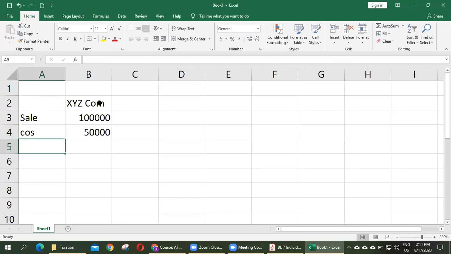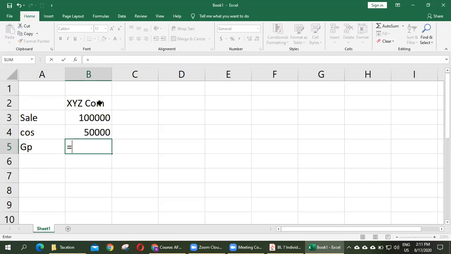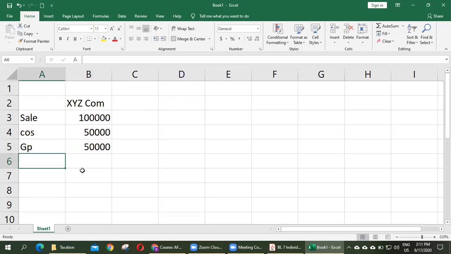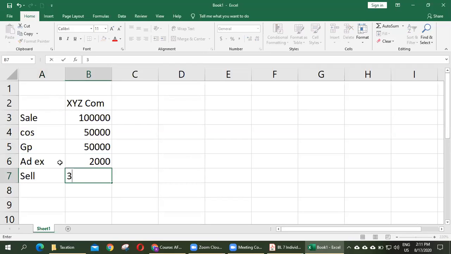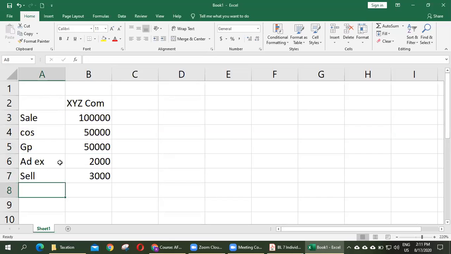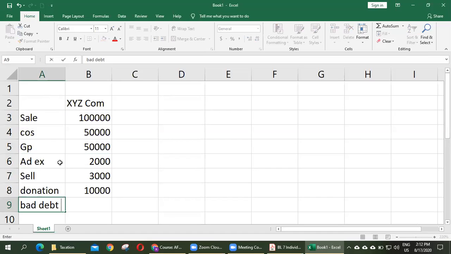Gross profit equals this value minus that. Then admin expense is 2,000, selling expense is 3,000, donation is 10,000, and bad debt is 15,000.